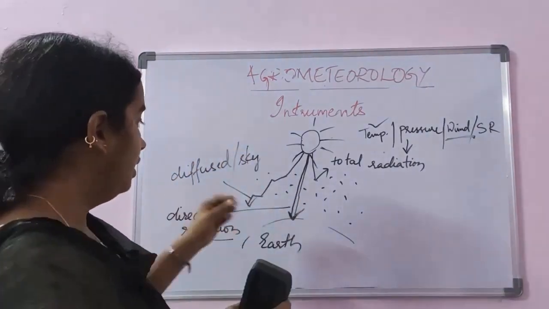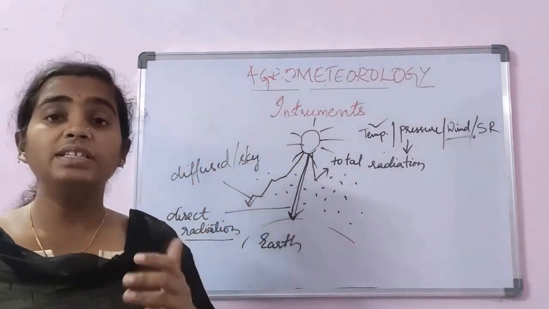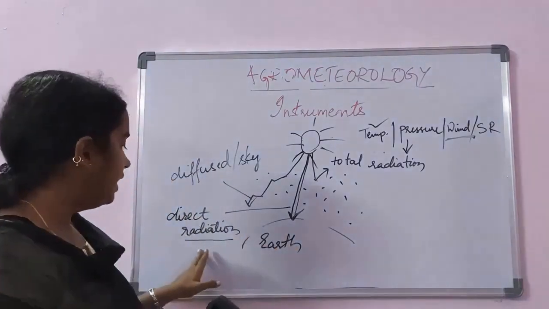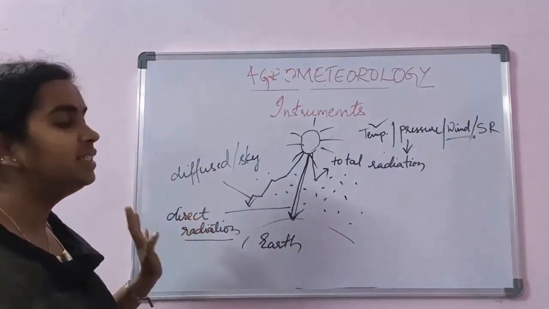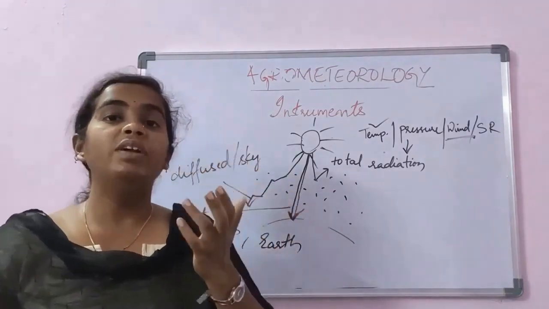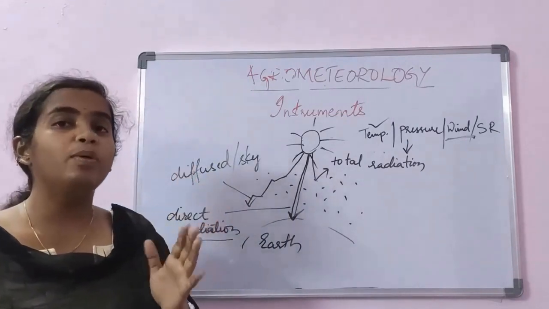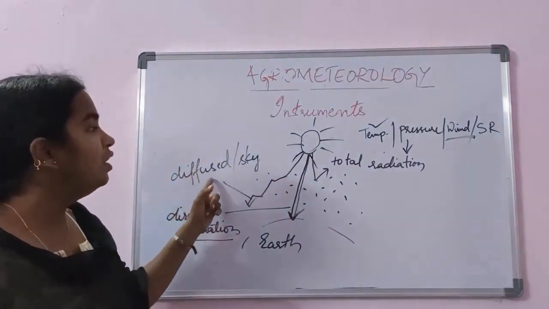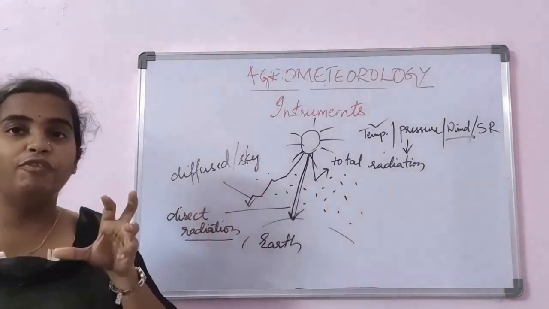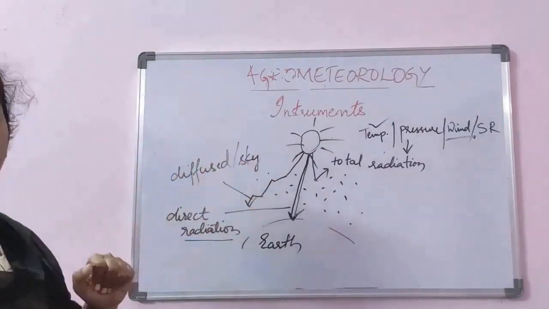I'll repeat it. The radiation which will be directly reaching the earth's surface without any deviation in its quality or quantity, that type of radiation we call direct radiation. And the radiation which will be deviated due to the suspended particles in the atmosphere, that type of radiation we call diffused or sky radiation. Here we have different instruments which will be used for measuring different radiation.